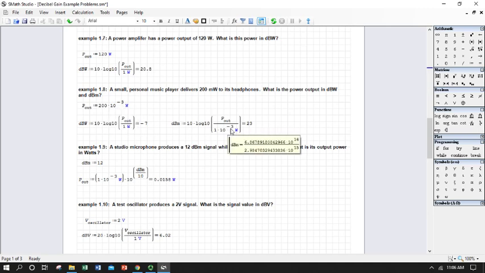And then in this one, we're going to be dividing by 10 to the minus 3, because 10 to the minus 3 watts is 1 milliwatt. So that's going to be a much bigger ratio. Effectively, we're going to be multiplying P out by 1,000 and taking a log base 10. So we get 23.